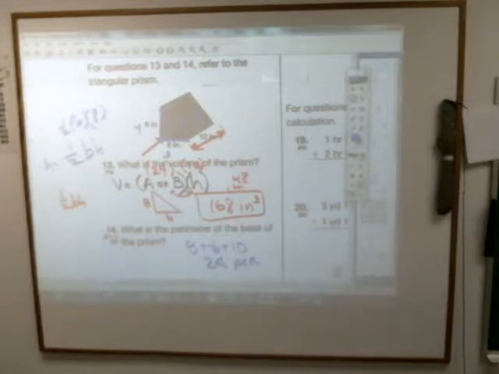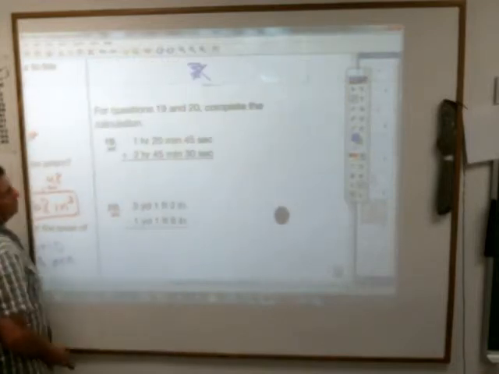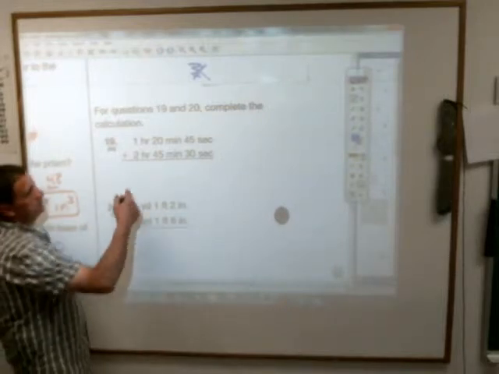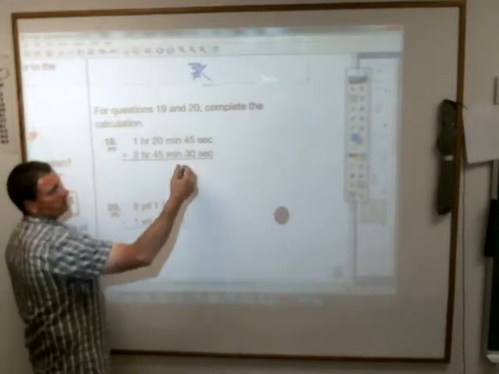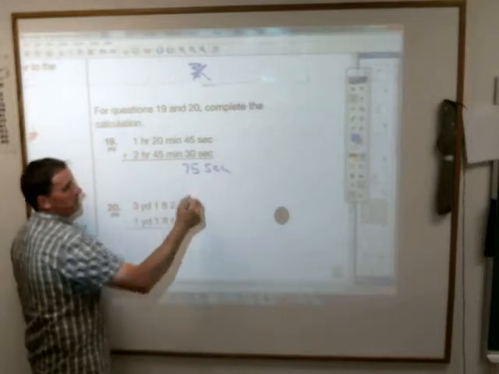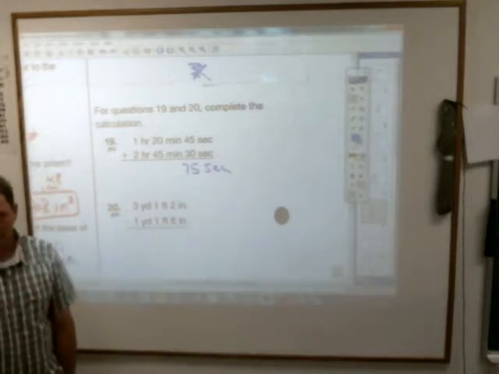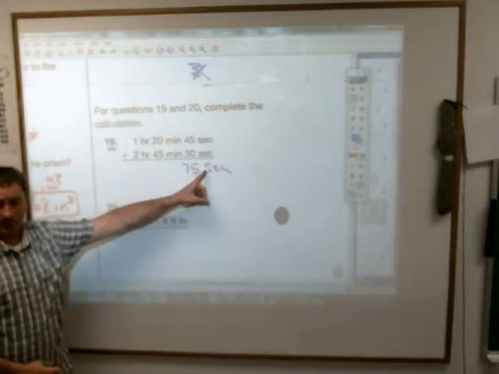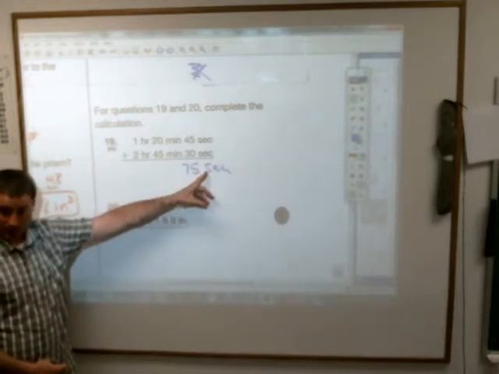Kai Westfall. 19 and 20. Well, I'm kind of hoping you got to know how many seconds are in a minute, minutes in an hour, and feet and inches. All right, so this is just adding, right? 40 plus 35 is 75 seconds, but we never leave something at 75 seconds because that's more than a minute. So if I take a minute out of 75 seconds, what am I left with? 15.